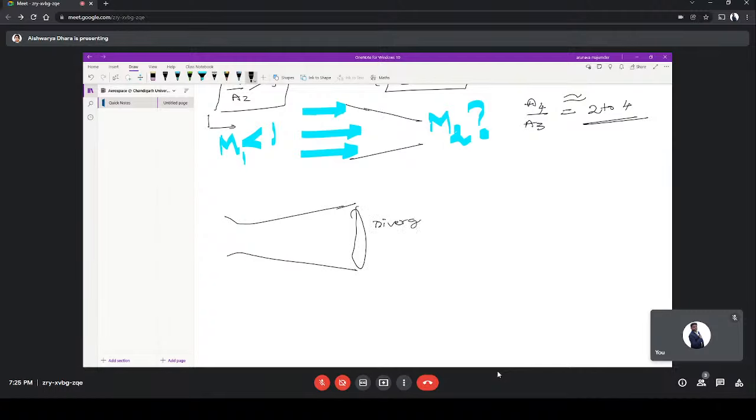Or the question comes like why most rocket engines, when they fly more than Mach 1, it can be supersonic, it can be hypersonic, why do we prefer to use a divergent type? Why do we prefer to use a divergent type? There may be this kind of question.